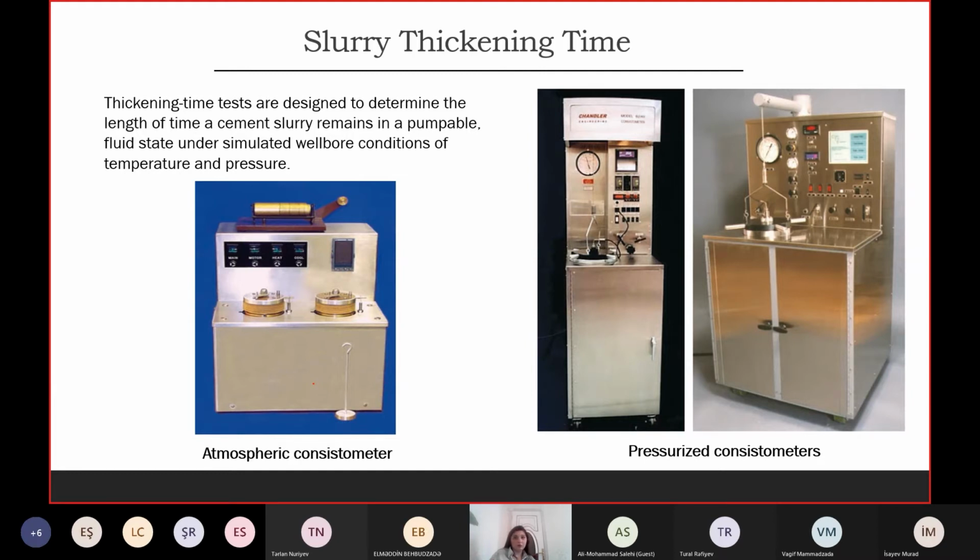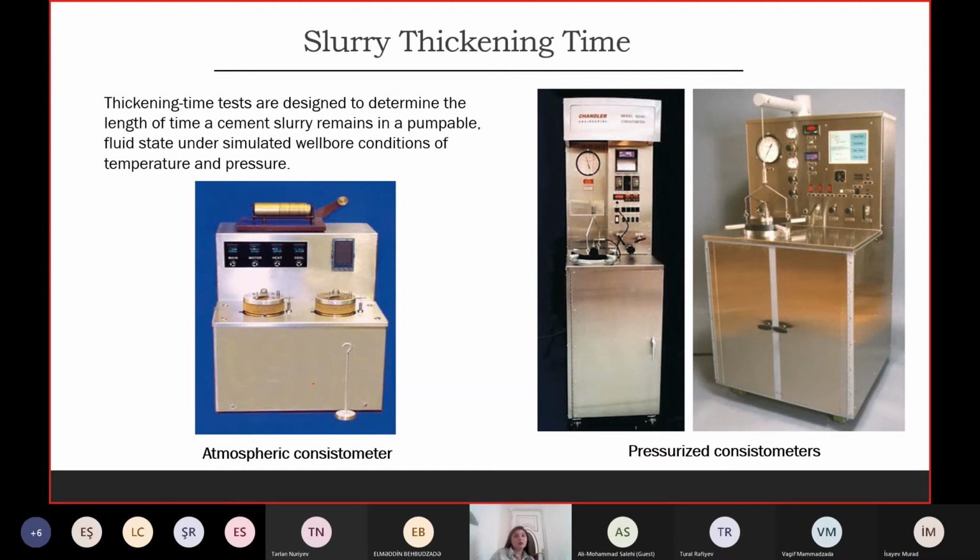I told you that a short thickening time is a catastrophe, but a long thickening time is also not favorable, because the slurry will stay pumpable longer than you require, and this will change other parameters of the cement slurry. This will affect its quality. That's why we always need to optimize thickening time.